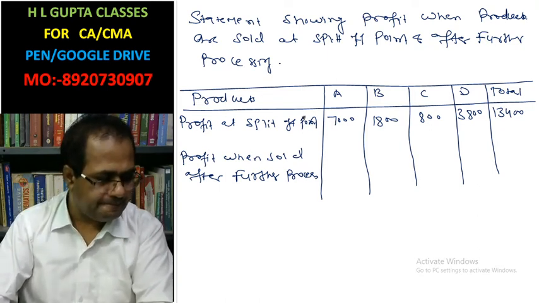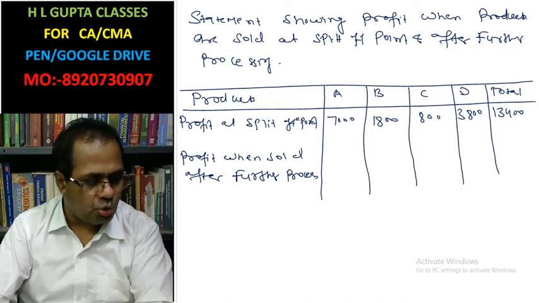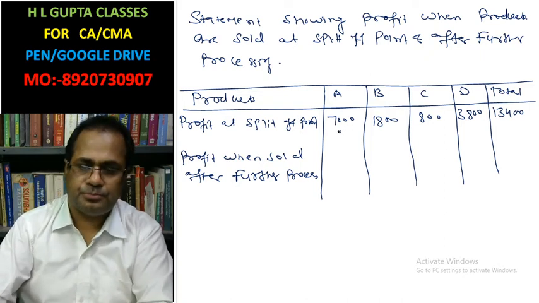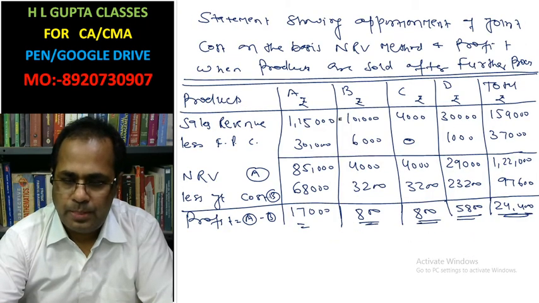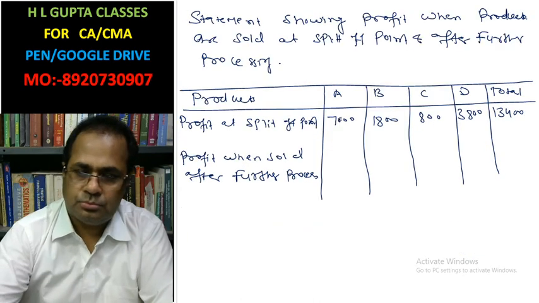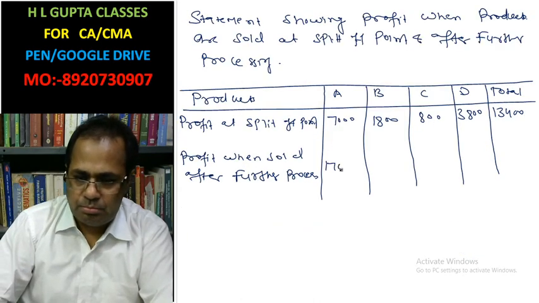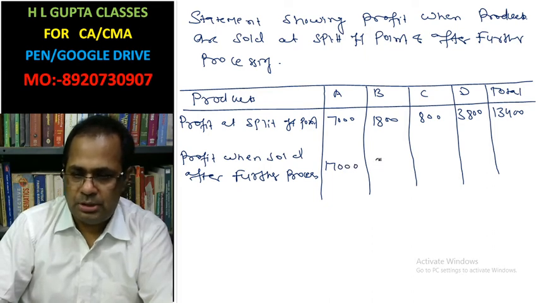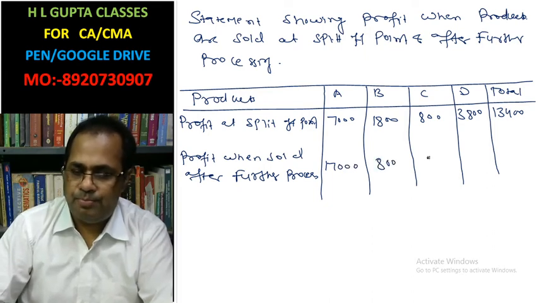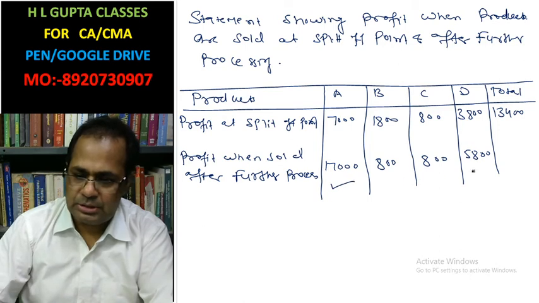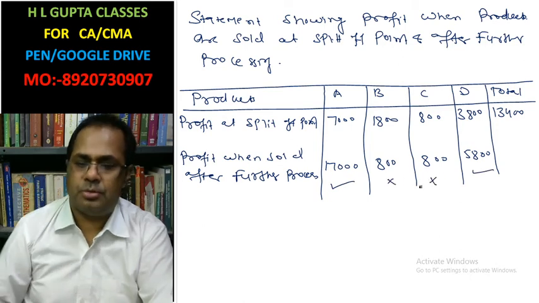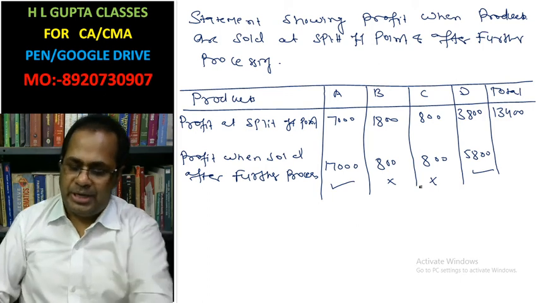This is when sold after further processing. 17,800, 858. This is the further processing. This is not. Product recommendation.